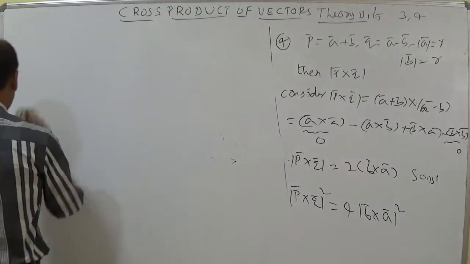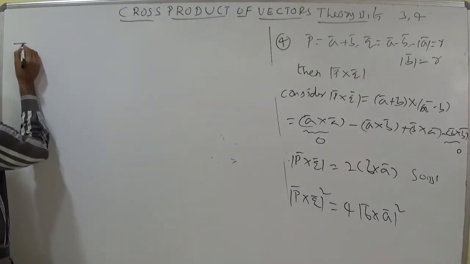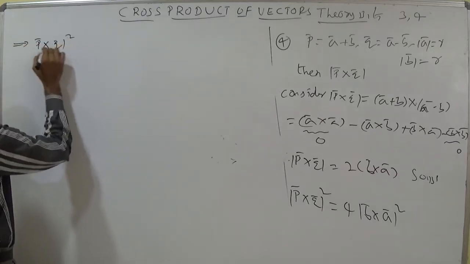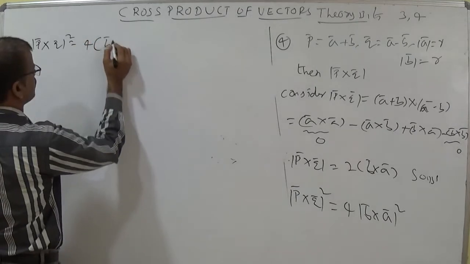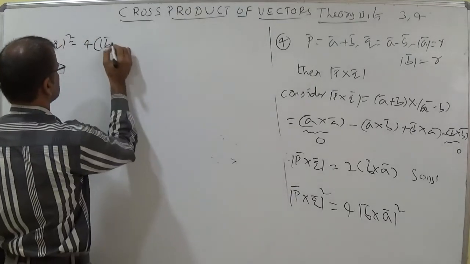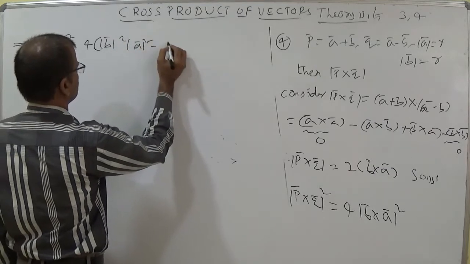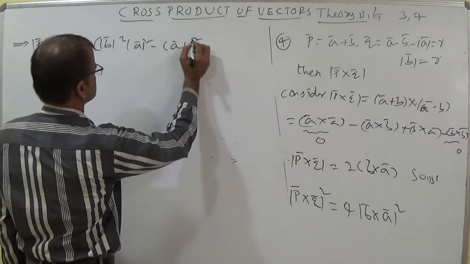Using Lagrange's identity, P bar cross Q bar whole square is equal to 4 into, according to Lagrange's identity I said yesterday, mod B square into mod A square minus A dot B whole square.